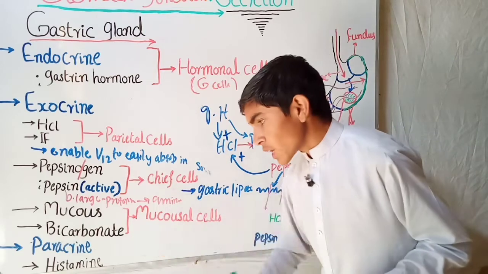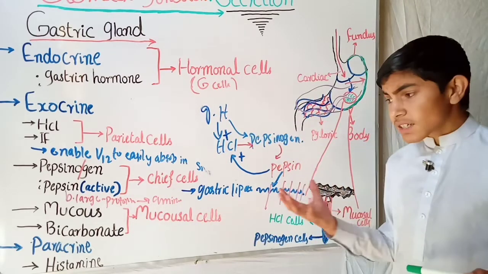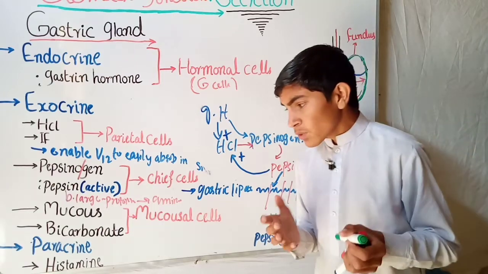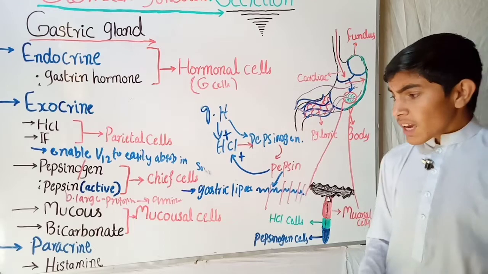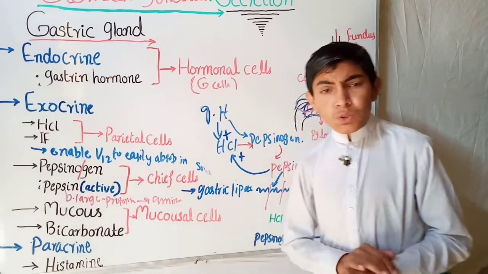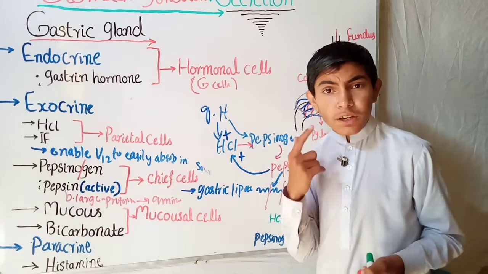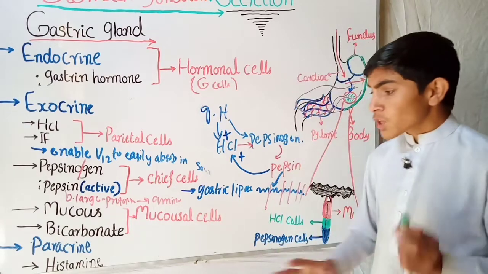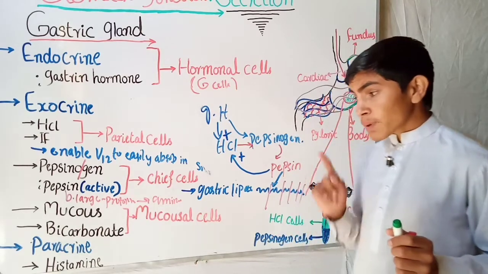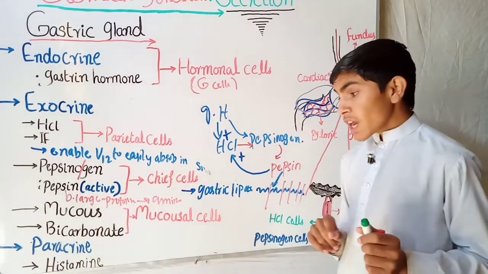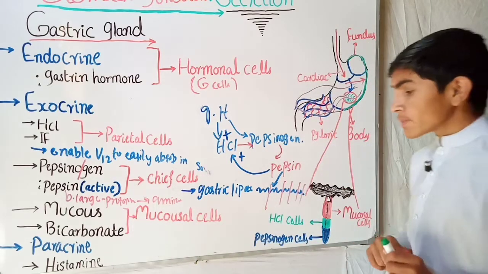The second one is the bicarbonate. Bicarbonate is a salty chemical involved in killing germs and bacteria, like the HCl. As you can imagine, the saliva secreted by the salivary glands in the mouth also contains some bicarbonate, which kills germs and bacteria present in the food, and it is also present in the stomach.